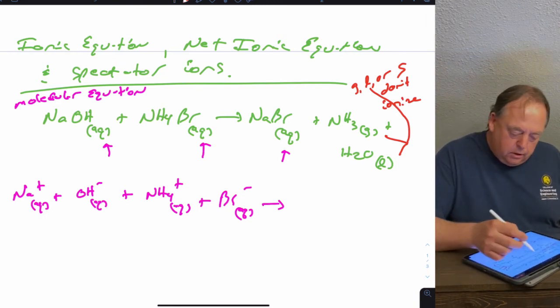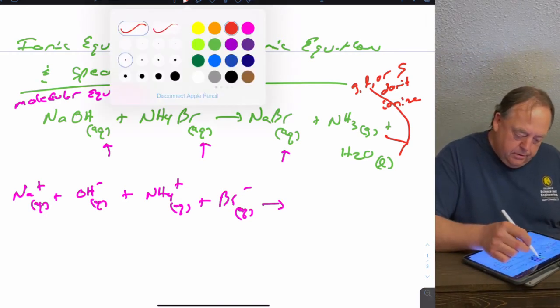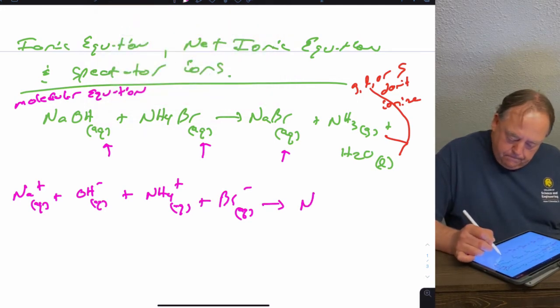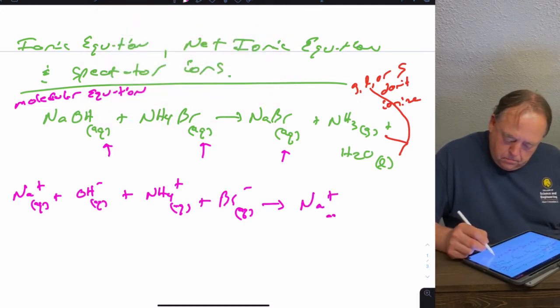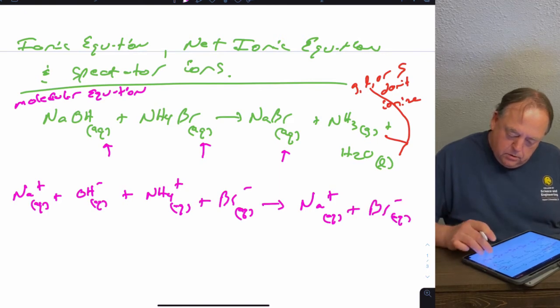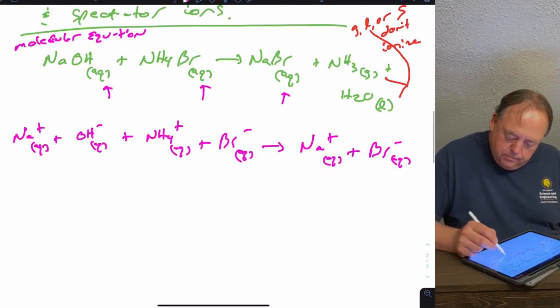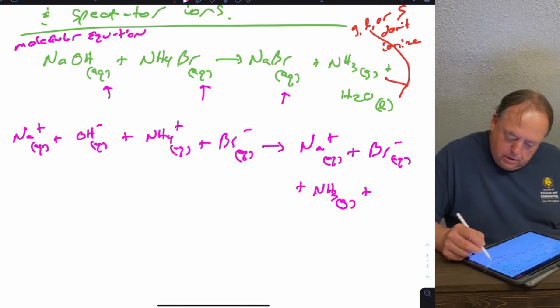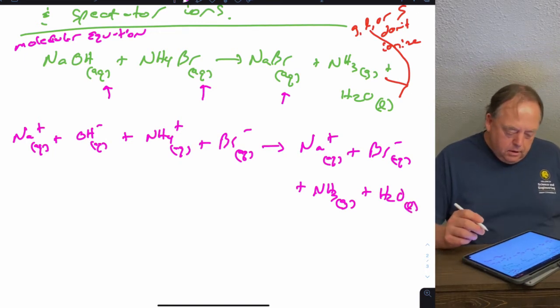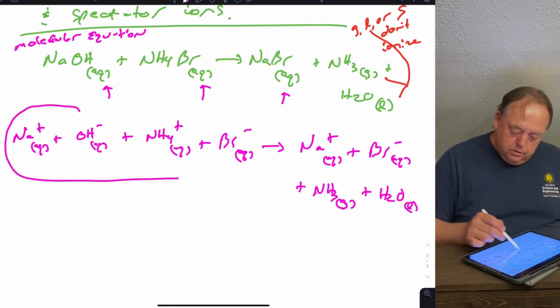But the NaBr is aqueous, so you need to split it up. But you would keep the ammonia together. And you would keep the H2O together. Okay, so that would be the ionic equation.